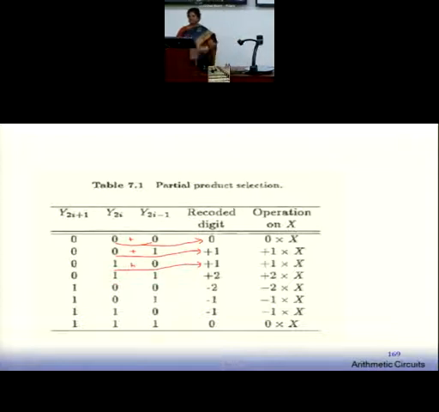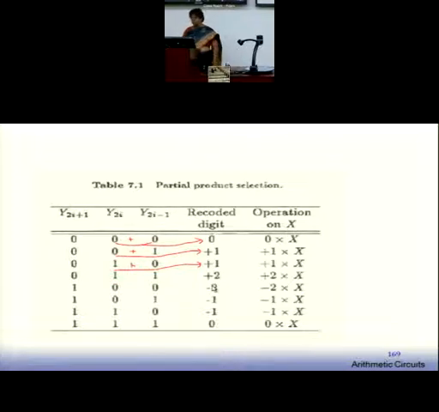And what does it imply? If it's a 0, do nothing, because your multiplicand is multiplied by 0. Only zeros to be added, or you do nothing. It's like a no operation. Because the 0 addition will not yield anything. Why go through the addition step? Then +1, simply add your multiplicand.